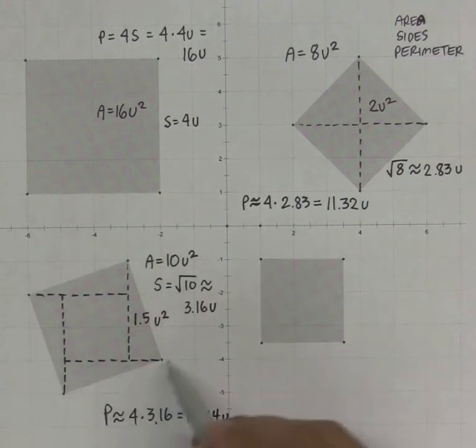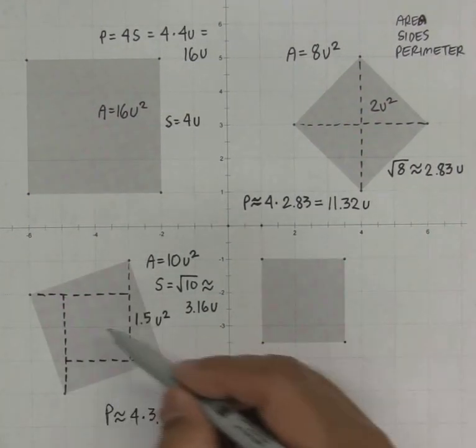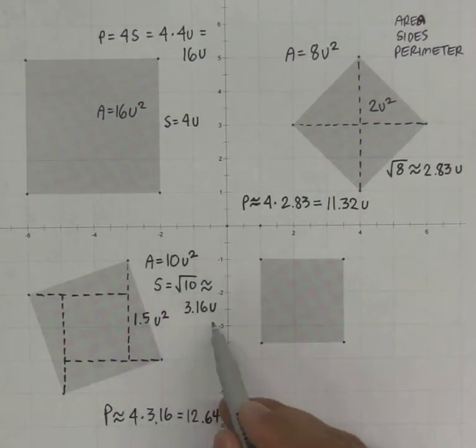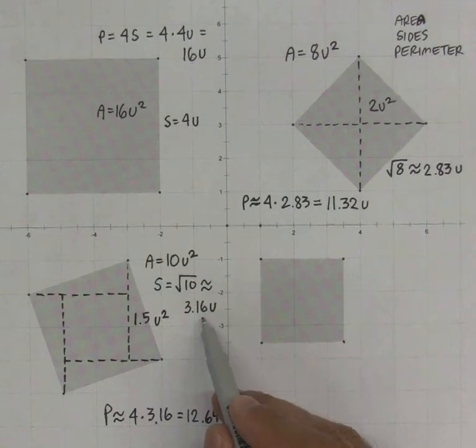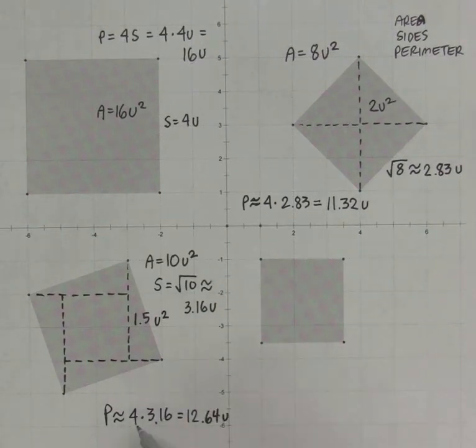The area is 10. The sides are the square root of 10, or 3.16. The perimeter is 4 times the size of the sides.